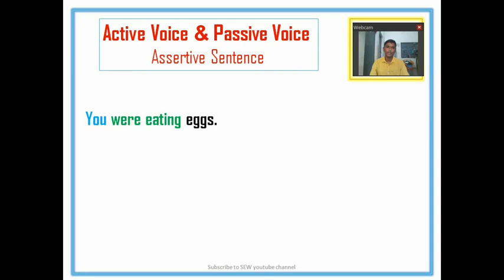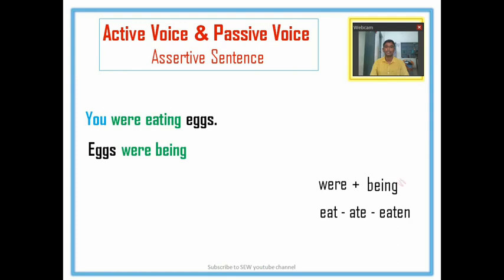Next example, you were eating eggs. So you is the subject, were eating is the verb, eggs is the object. The object becomes the subject in passive voice. So eggs, and the helping verb is were. What should be added? Plus being should be added. So were plus being, were being, and the verb forms of eating: eat, ate, eaten.